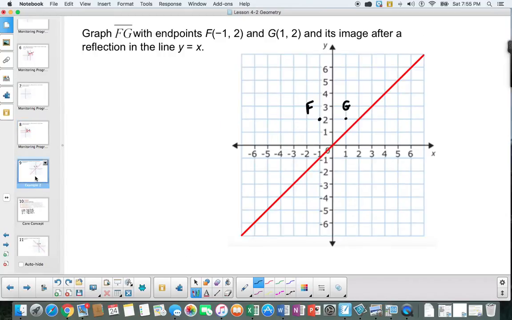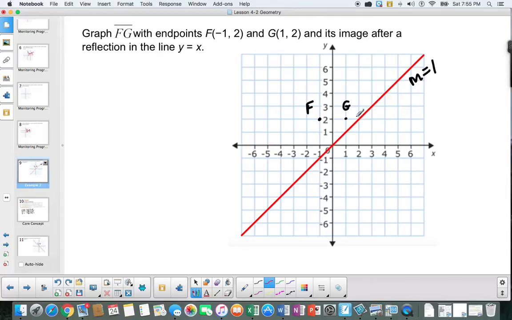Let's take a look at reflecting across y equal to x. Y equal to x has a slope of 1. So when we make sure that this acts as a perpendicular bisector, we know the slope from G to G prime and F to F prime have to be -1, otherwise we won't have a perpendicular.